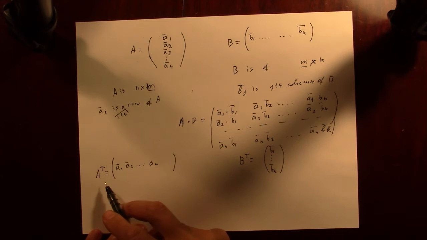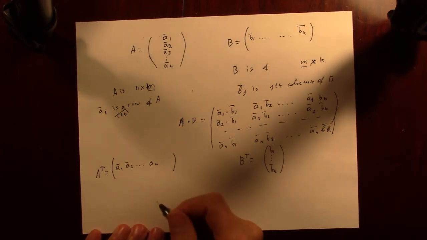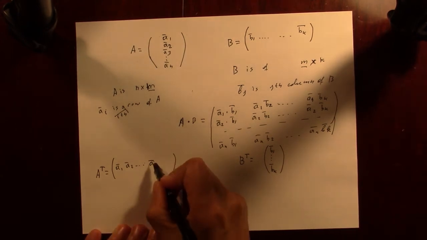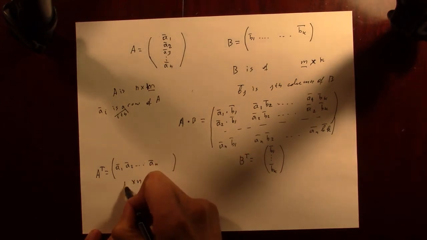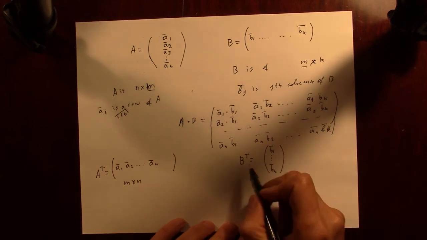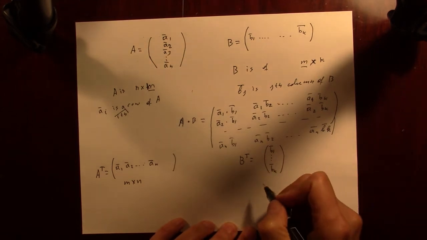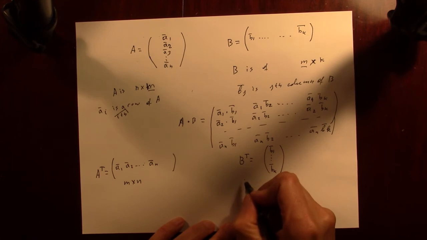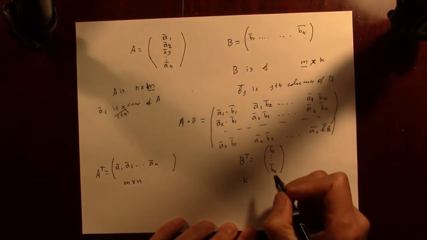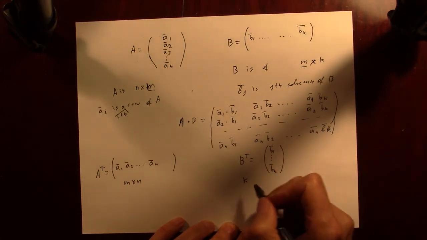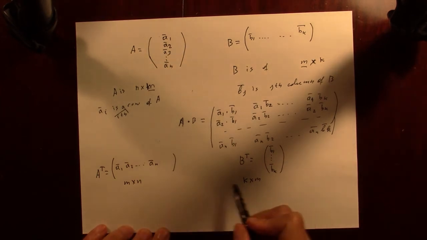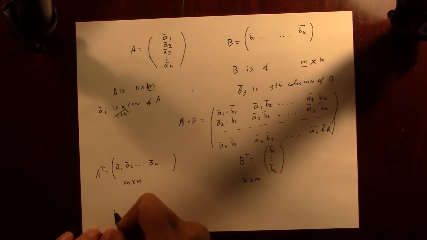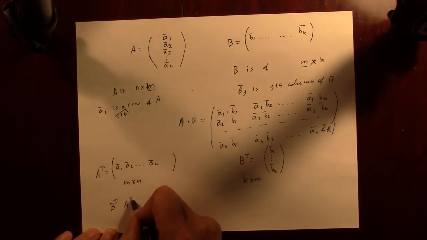Now, order of A transpose is going to be, I'm going to have n columns, and each column will have m entries, so m times n. Order of matrix B^T, I have k rows, and each row will have m entries, k times m. So if you look at the order of our matrices, we can take B transposed multiplied by A transposed.